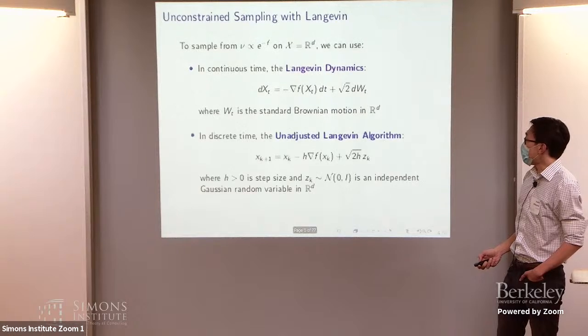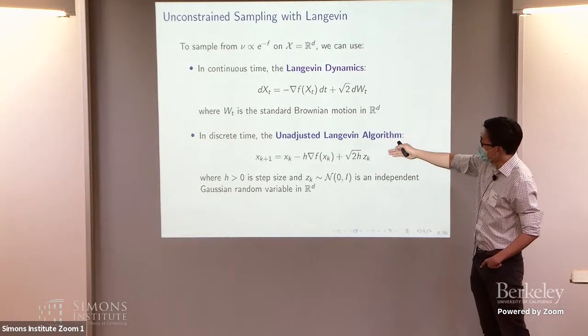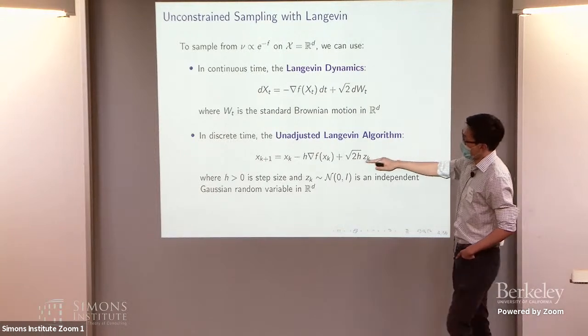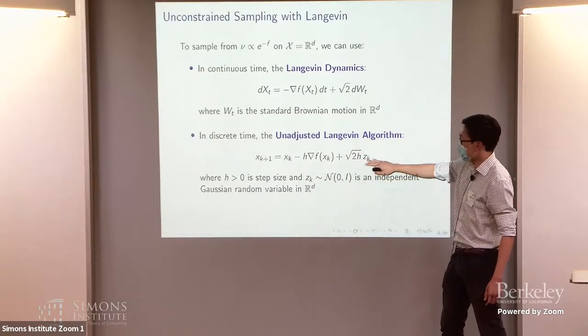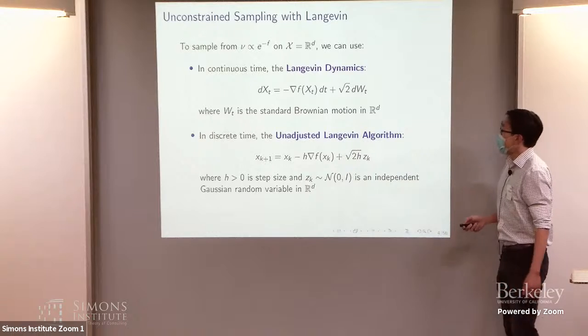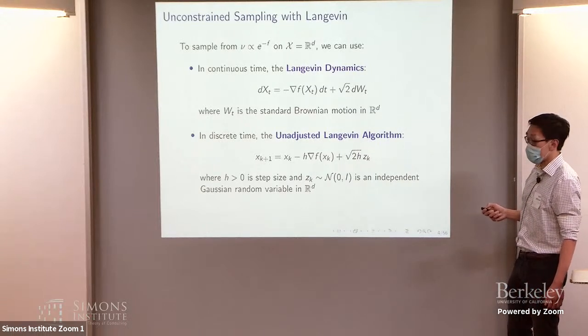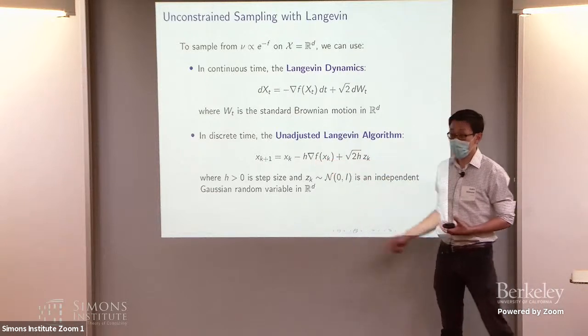And in discrete time, we can try to discretize these dynamics, and that gives us what's called the unadjusted Langevin algorithm, where it looks like we are doing a gradient descent step plus a Gaussian noise of some step size, right? And there is a lot of very nice convergence analysis of these algorithms when this function f, the log density, is convex, right?